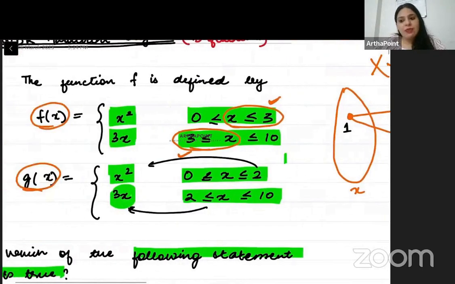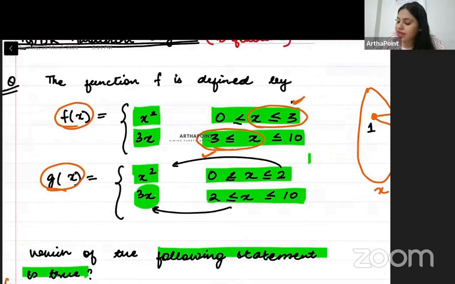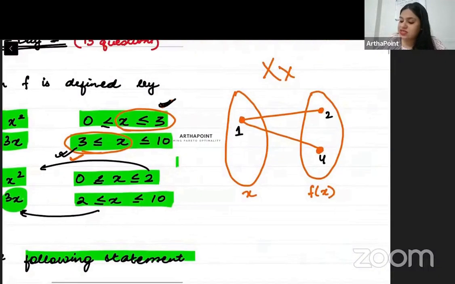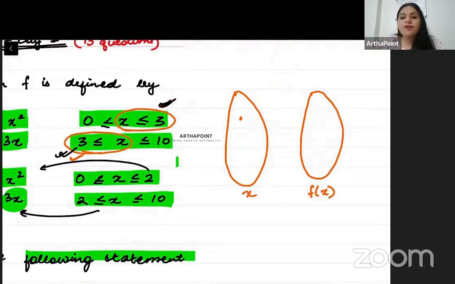So let us go ahead and elaborate this here. Note that x is equal to 3 is included on both the sides. That means that whenever I put x is equal to 3, I should get the same value. If I get different values, then it will not be a function.